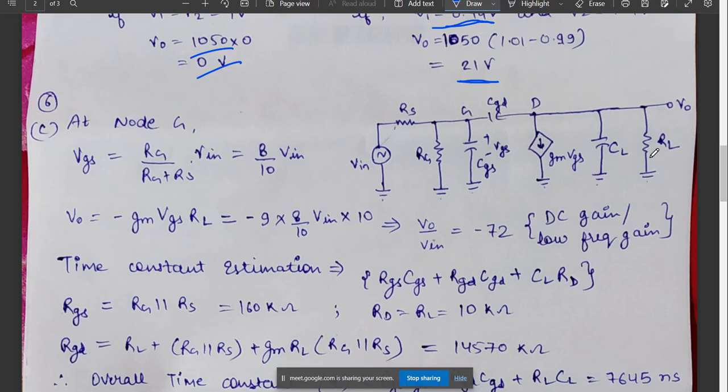We can directly take the formula, ma'am. Sir has given that formula for gain, which is equal to minus GM RL into Rin by R plus Rin. That is the direct formula given for midband gain.